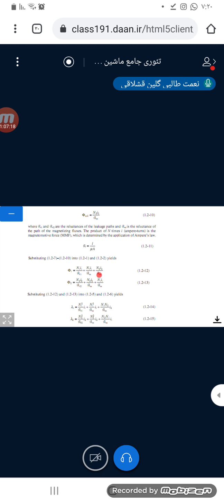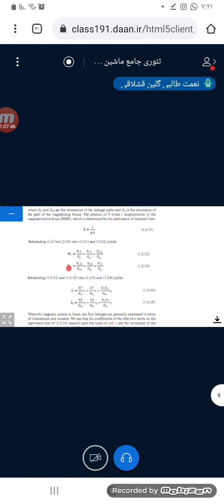This term shows the effect of circuit 2 on circuit number 1, the effect of magnetic fluxes that come from circuit number 2 and link with the turns of circuit number 1.